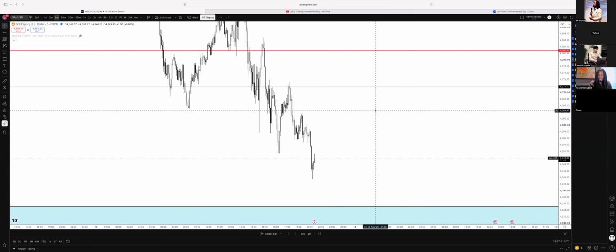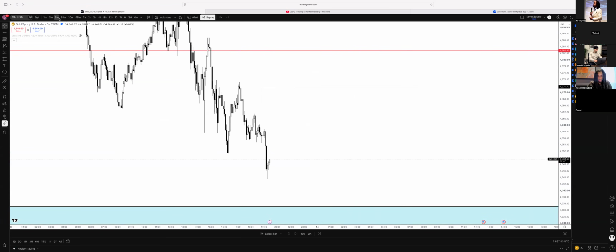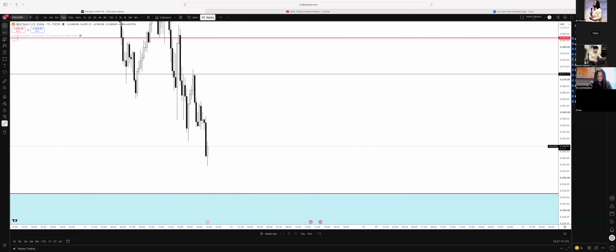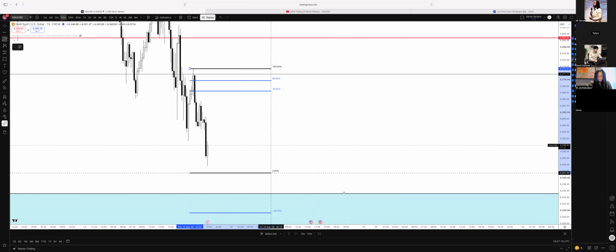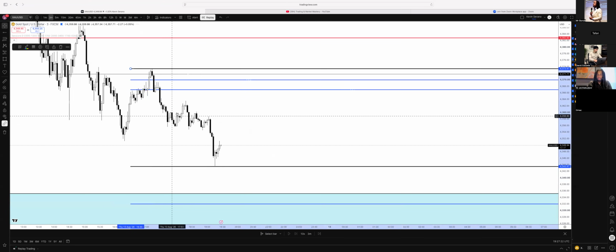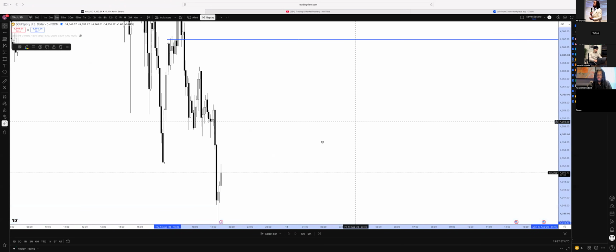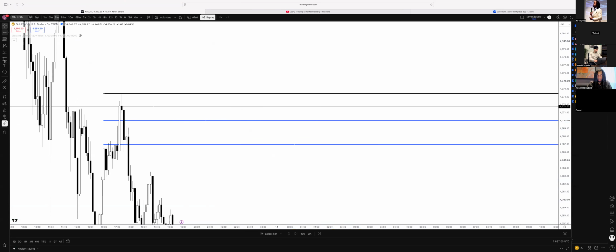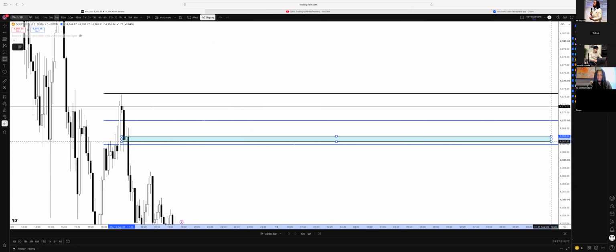Right? So what I think we can get is again from the high to the low. If we can get in here, similar thing to what just happened above, guys. You see how there's a nice order block here, right? There's an order block here. So some people will look to sell here.